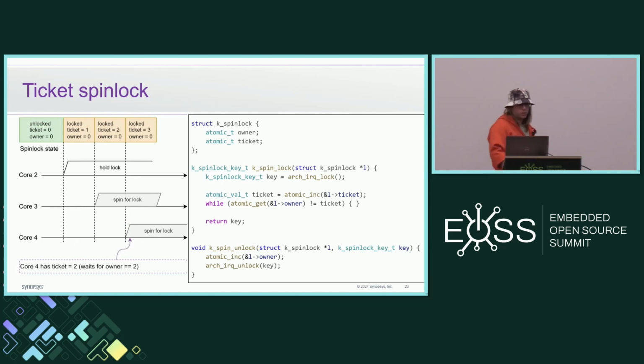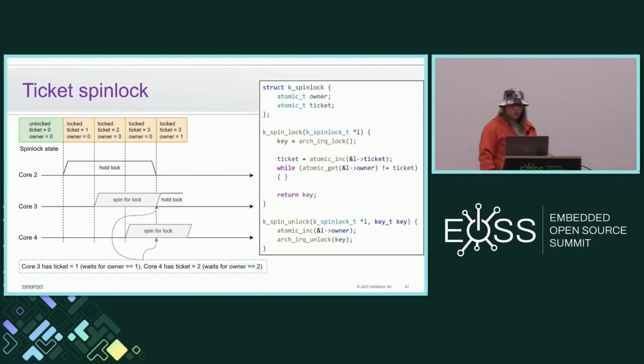Now another core tries to lock this same spinlock. It would have ticket value 2, and it would be waiting till owner is equal to 2. So now we have something interesting. Core 2 decided to release this spinlock. It goes to the unlock function and increments the owner value.